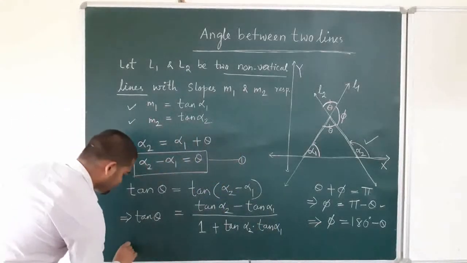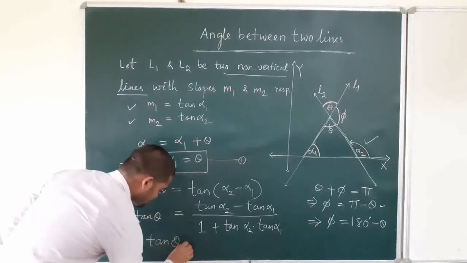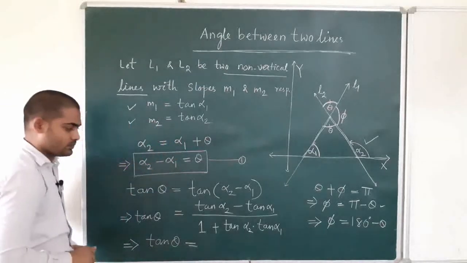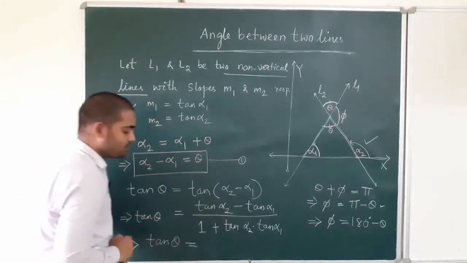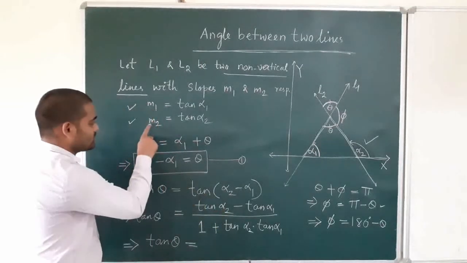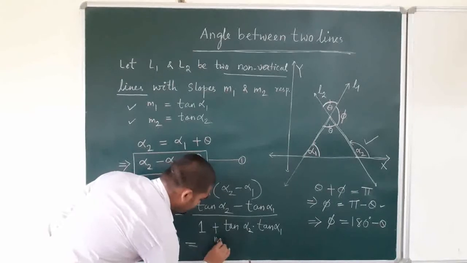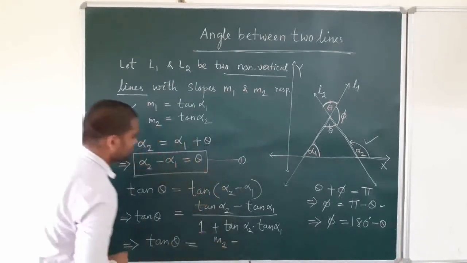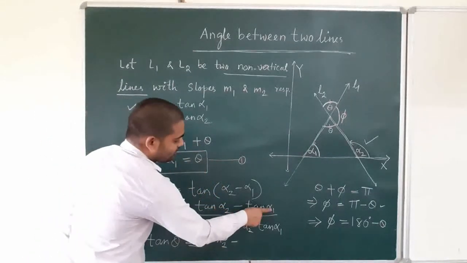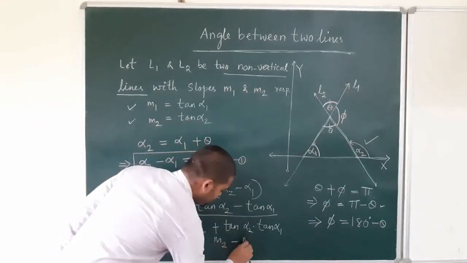Here tan alpha 2 is your m2 and tan alpha 1 is your m1.